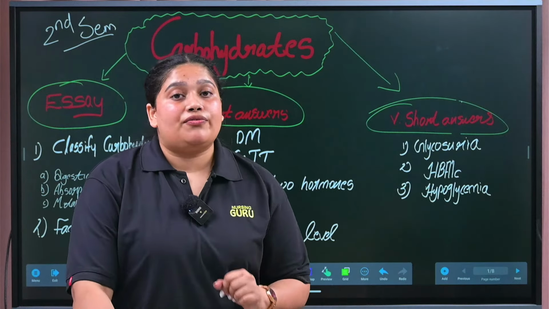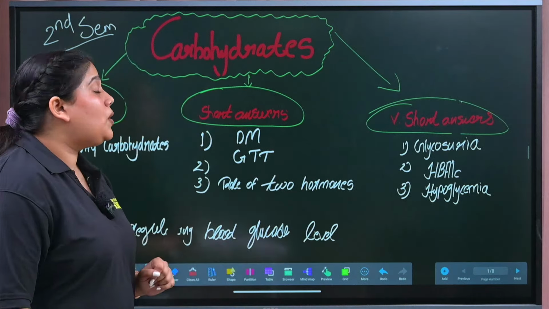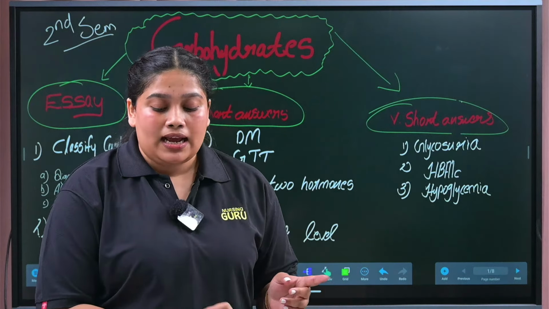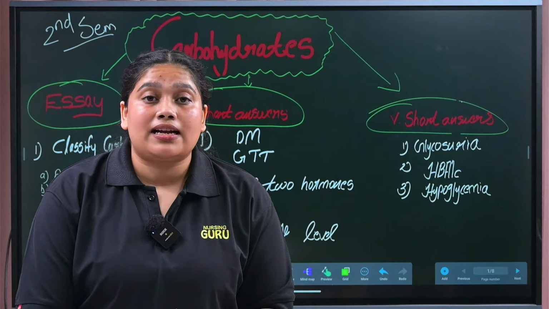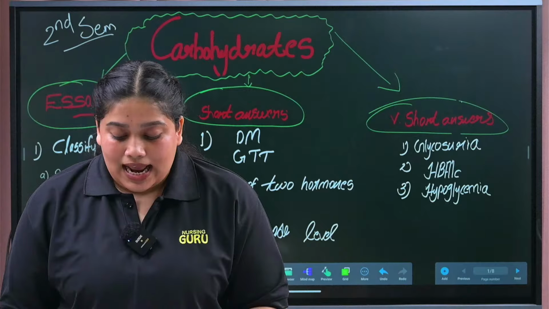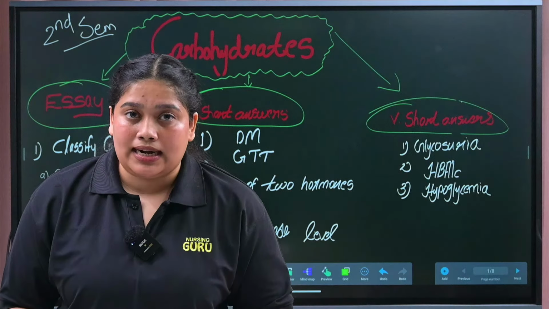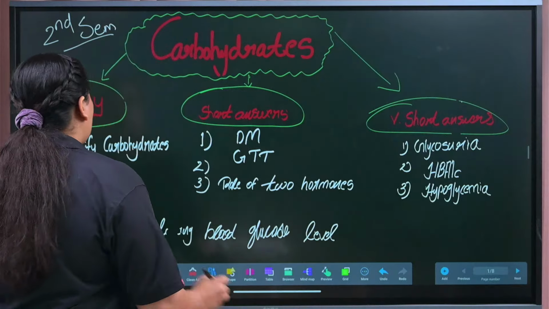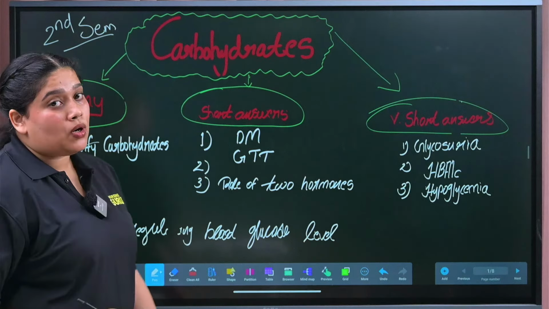We'll move on to our first unit, that is carbohydrates. The expected essay question from this unit, the first one: classify carbohydrates and explain the digestion, absorption and metabolism of carbohydrates. How will you answer this question? First you have to classify the carbohydrates.